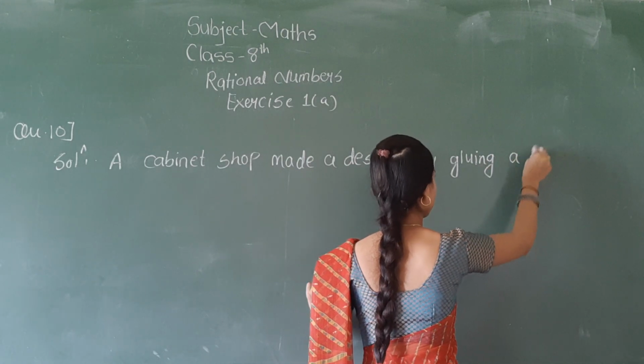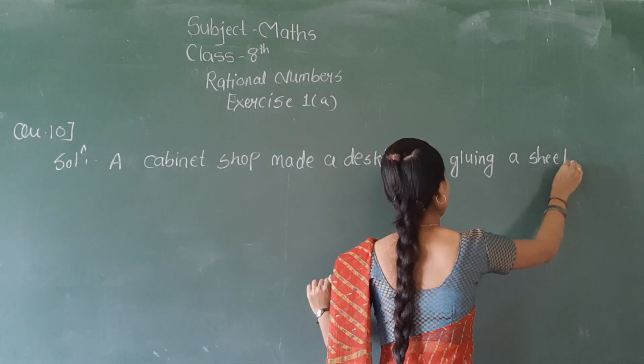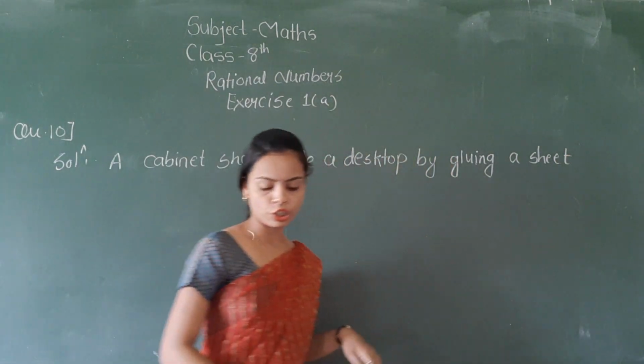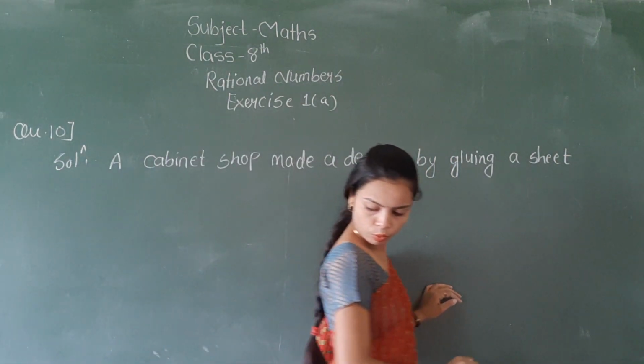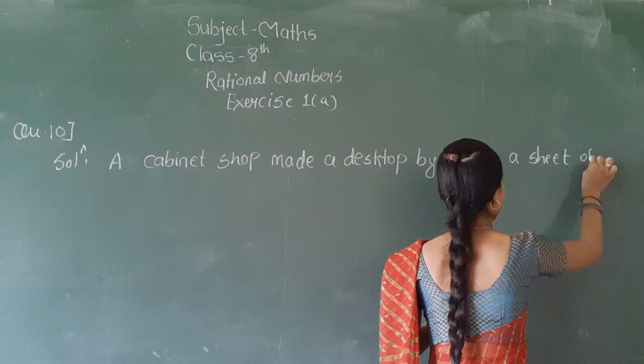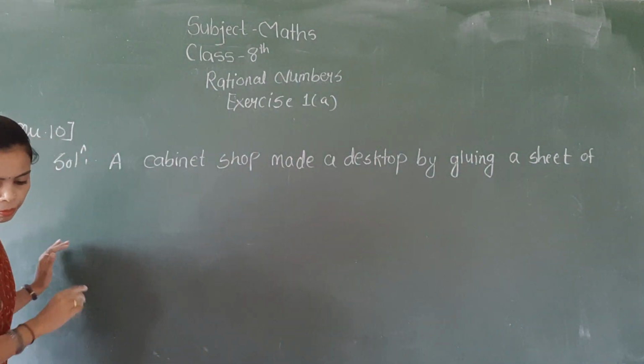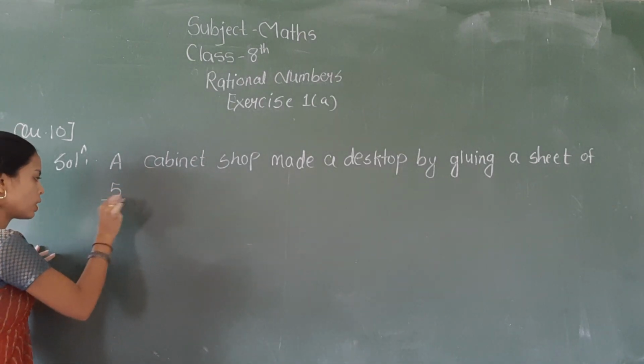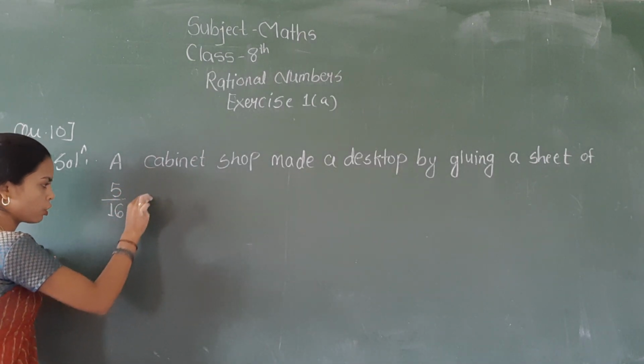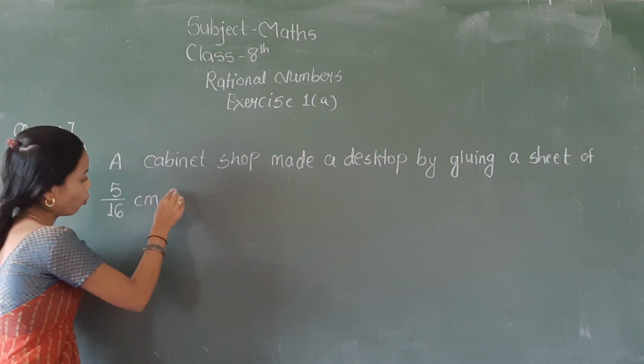a sheet of 5 upon 16 centimeter oak liner.